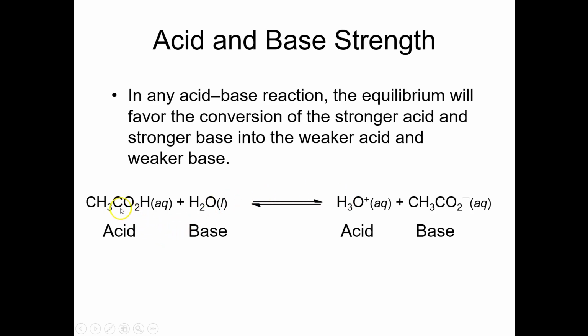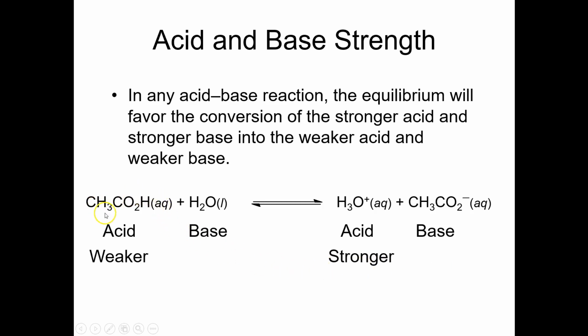Now we compare our two acids. Which is the stronger acid? If you go back and look at that table, you can find it in your book. Hydronium is a stronger acid than acetic acid, and therefore hydronium is the stronger acid, acetic acid is the weaker acid. Remember, the weaker the acid, the stronger the conjugate base, and vice versa.